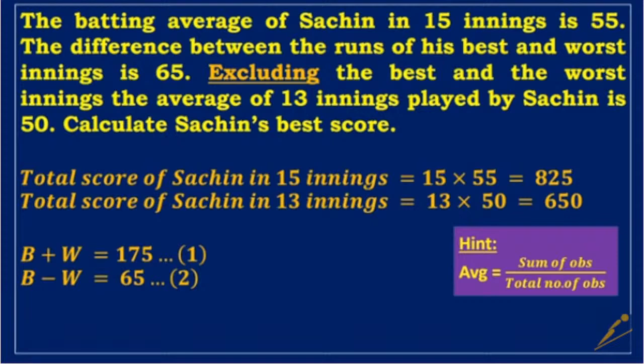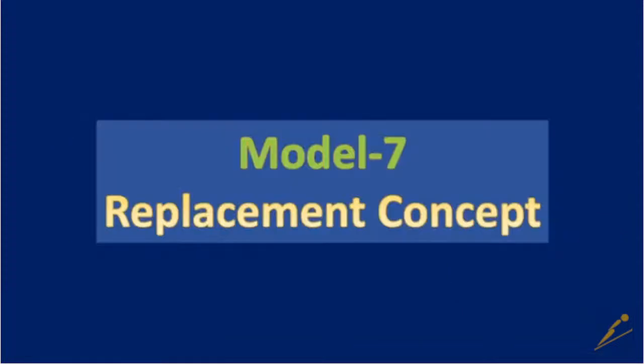From the problem, we know the batting average of Sachin in 15 innings is 55. So, the total number of runs he scored in 15 innings is 15 into 55 equals 825. Excluding the best and the worst innings, the average of 13 innings played by Sachin is 50.